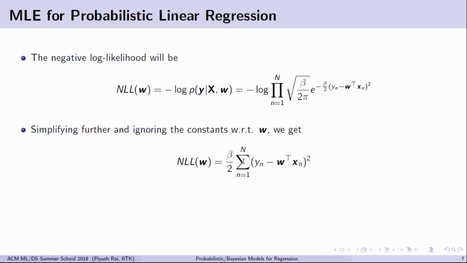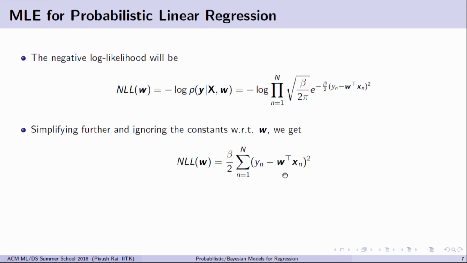So we have seen that if we start with a probabilistic linear regression model and do maximum likelihood estimation, we get an objective function which is nothing but the sum of squared losses, which is exactly the same as the original objective that we have seen before. So this shows that there's a connection. Thinking about the problem probabilistically is equivalent to using a loss function.